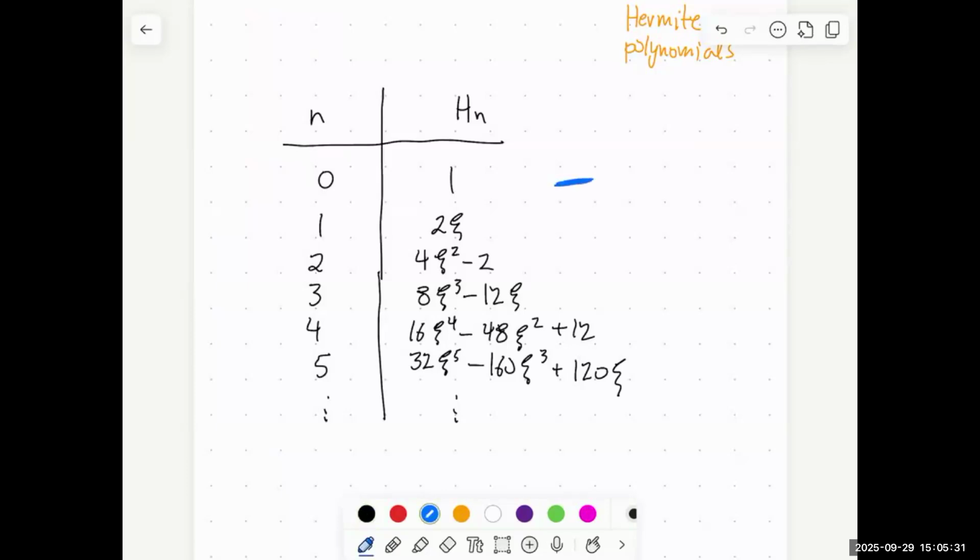All of the even values of n result in even powers of z in the polynomial. So this is even powers only. And then if I look at the odd ones, z cubed, z to the 5th, z cubed, z. And so this is odd powers only.